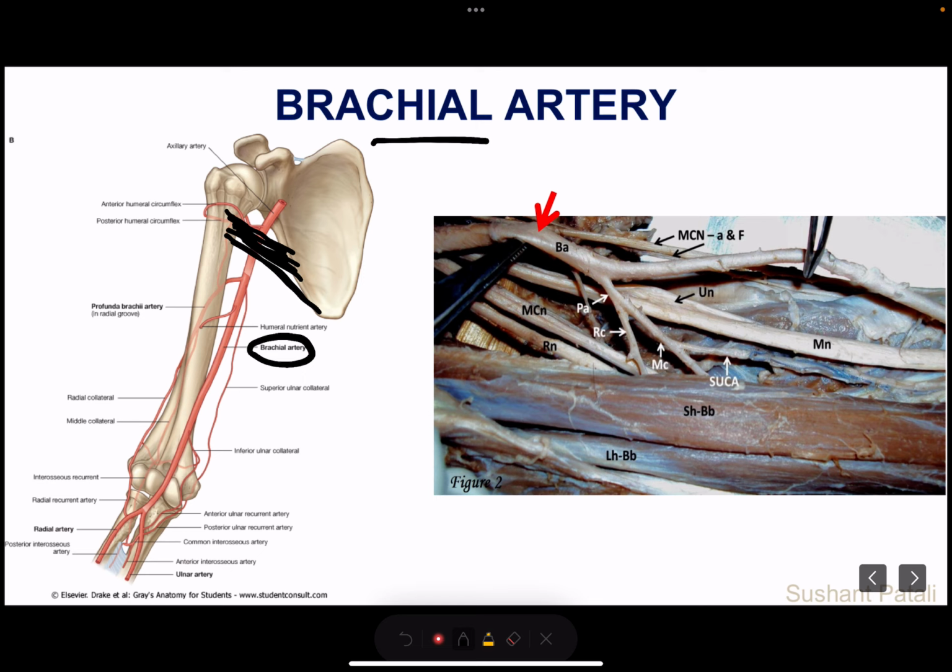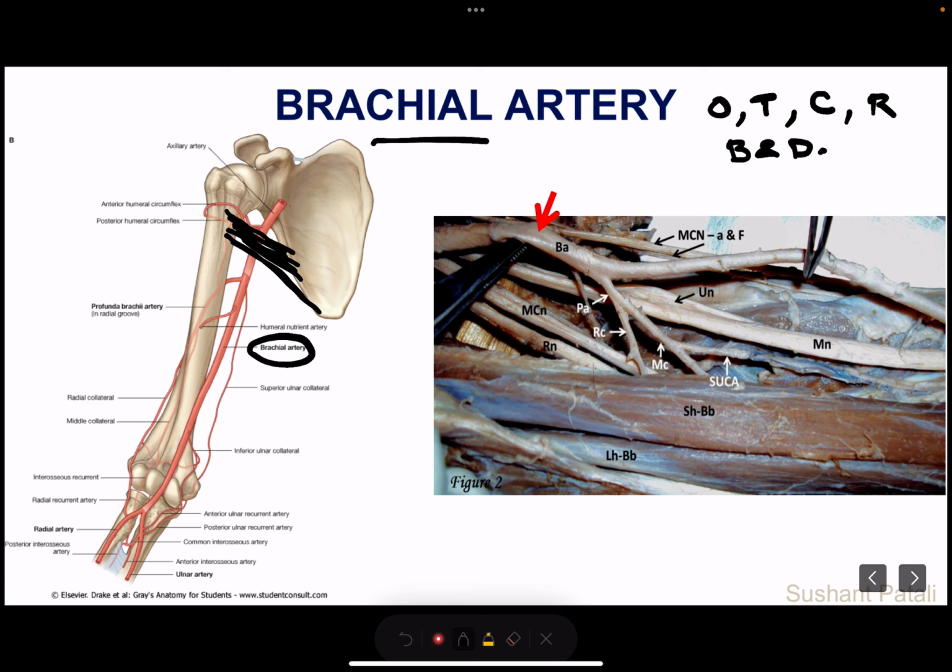All right, so when we discuss an artery, you have to discuss it under certain headings. That is origin of the artery, and then the termination of the artery, its course, relations, branches, and distribution. Okay, so the brachial artery arises as a continuation of the axillary artery at the distal border of teres major muscle, and it runs downwards at first and lies medial to the humerus, and then it slowly inclines to lie in front of the bone, until it appears in the cubital fossa.